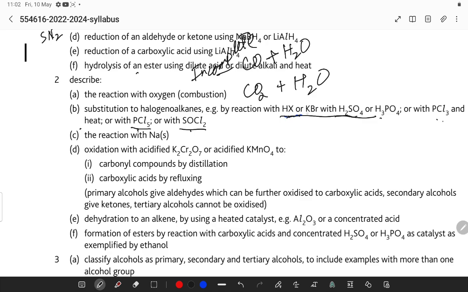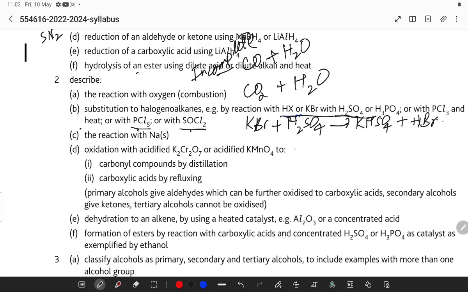So HX or KBr with H2SO4: KBr, when reacted with sulfuric acid, forms KHSO4 and HBr.